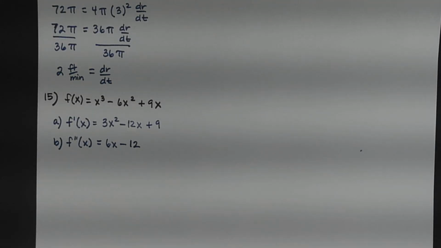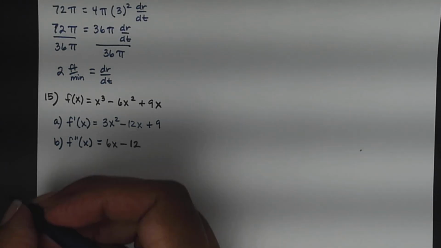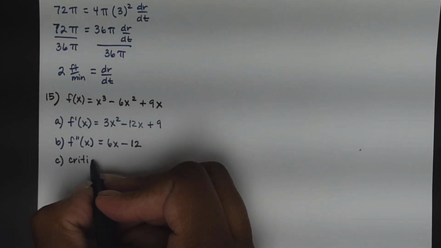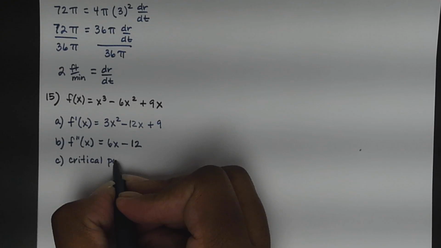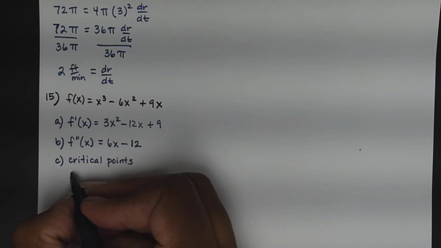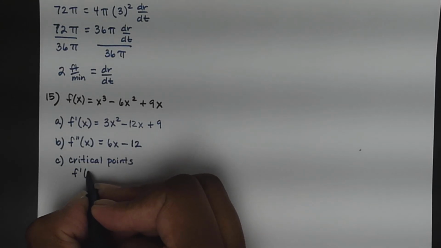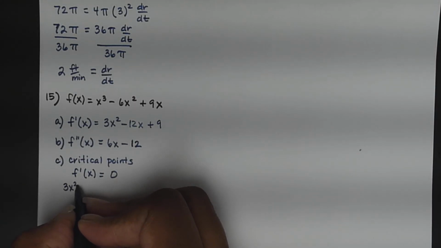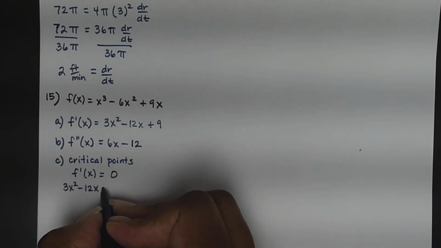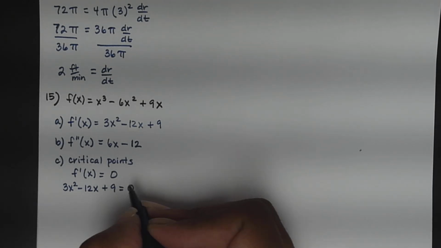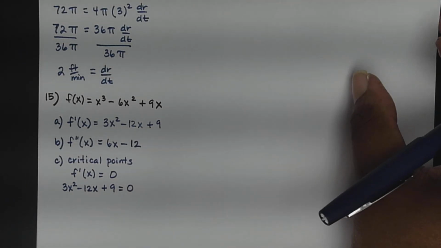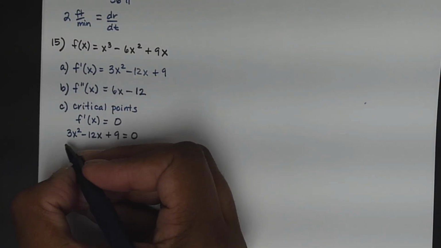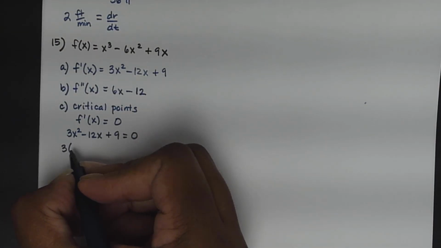Part C is identify your critical points. To find out what your critical points are going to be, we let f prime of x equal 0. So I have 3x squared minus 12x plus 9 equal to 0. What I'm going to try to do is factor out the 3, since there's a common factor there.